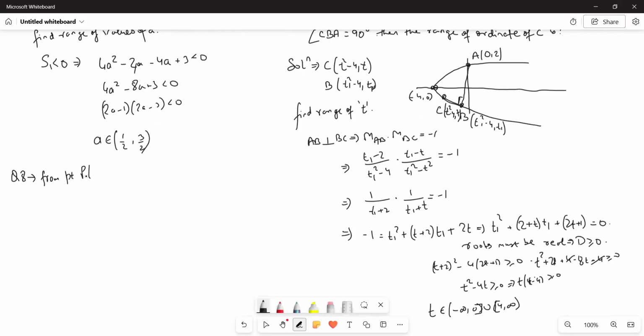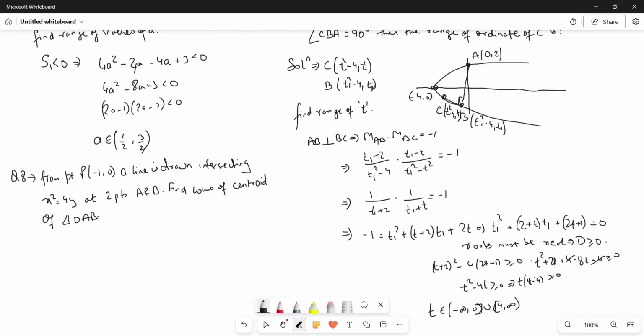From the point P (−1, 0), a line is drawn intersecting the parabola x² = 4y at 2 points A and B. Find the locus of the centroid of the triangle OAB.